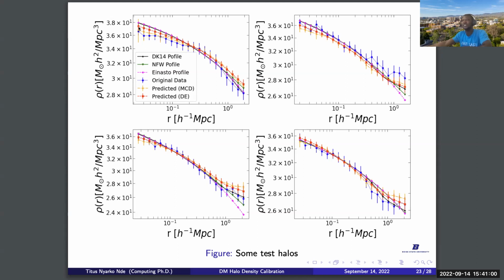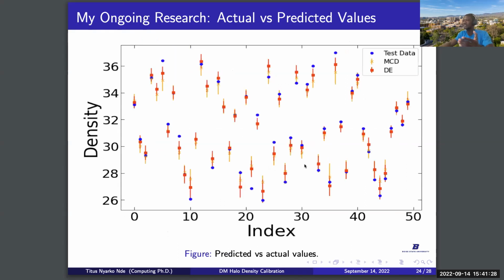I think the deep ensembles is also a bit closer to the actual halo, the actual dataset, than the two analytic models. But in this particular region, sometimes it's even difficult to tell because the plots are just overlaying each other. But the problem is we will not be able to plot all the halos to visually inspect them.